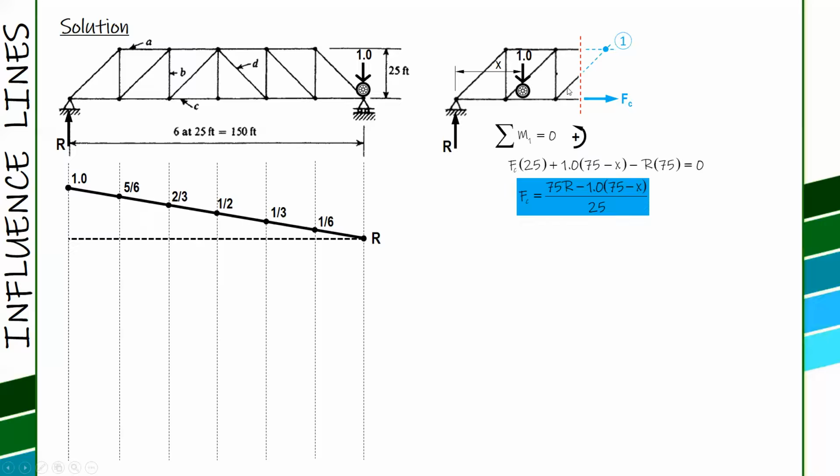Beyond that, at the next joint, there is no unit load anymore. So, it is valid up to 50. For more than 50, or 75, 100, 125, and 150, the term disappears. So what remains is 75R over 25 or simply 3R.